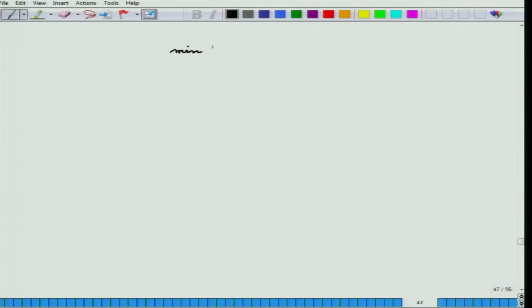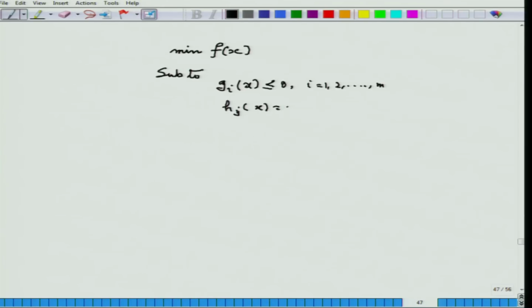So, suppose I want to minimize the function f x subject to m inequality constraints and the remaining affine constraints h j x equal to 0.